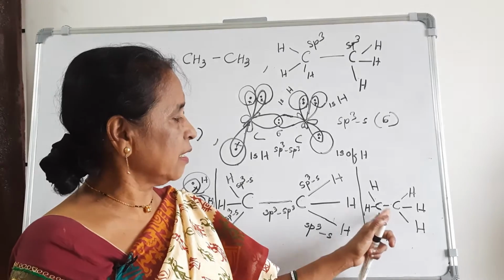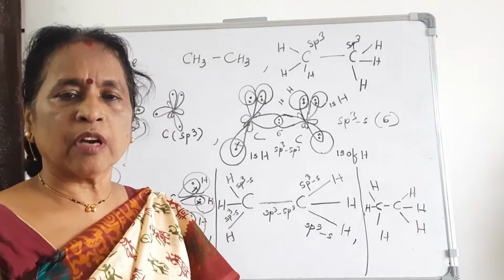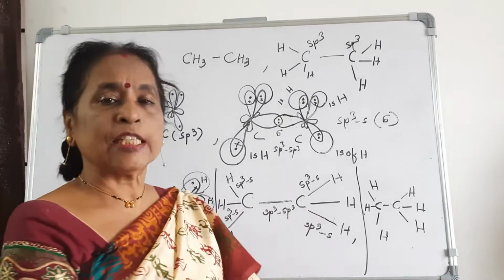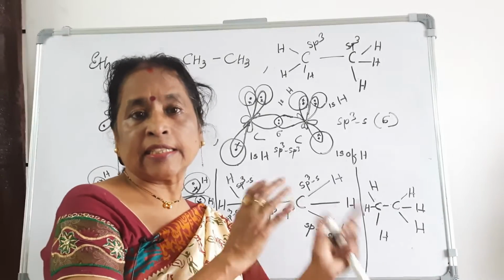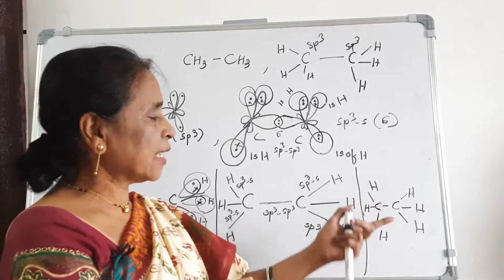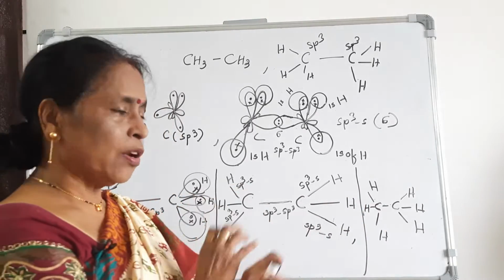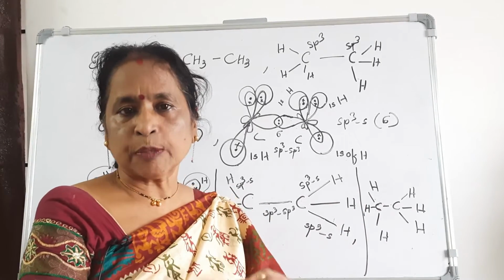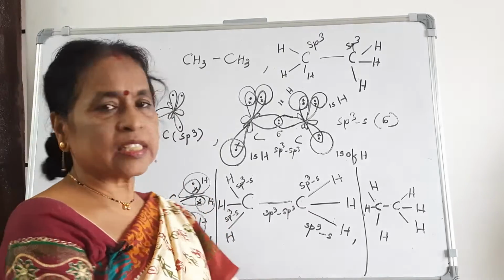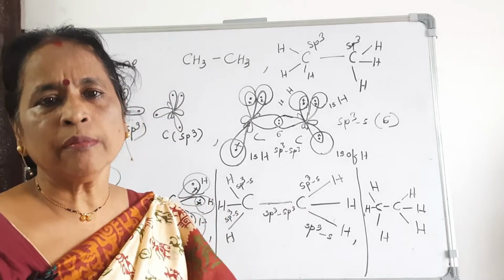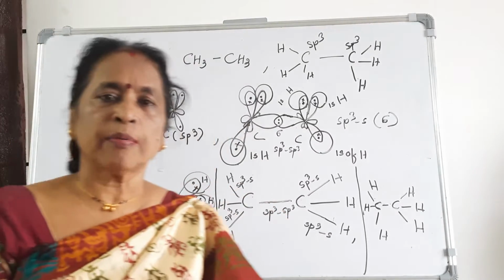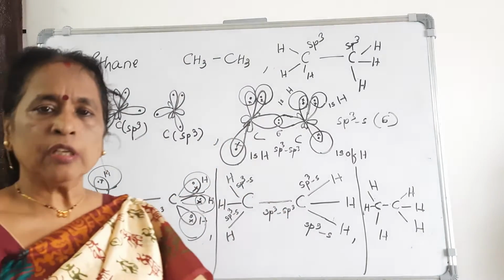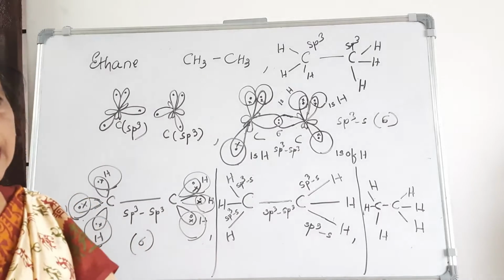I hope it is clear. Here both carbons undergo sp3 hybridization, and this side 3, this side 3, there are 6 hydrogen atoms. Overlapping takes place between sp3 carbon and 1s of hydrogen, which also forms sigma bonds. Now this is the main explanation of the structure of ethane, which undergoes sp3 hybridization.